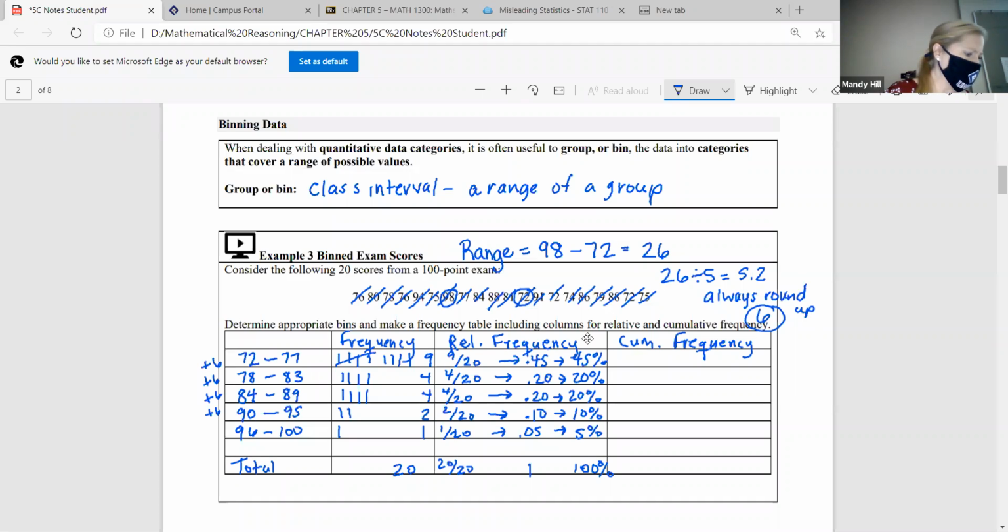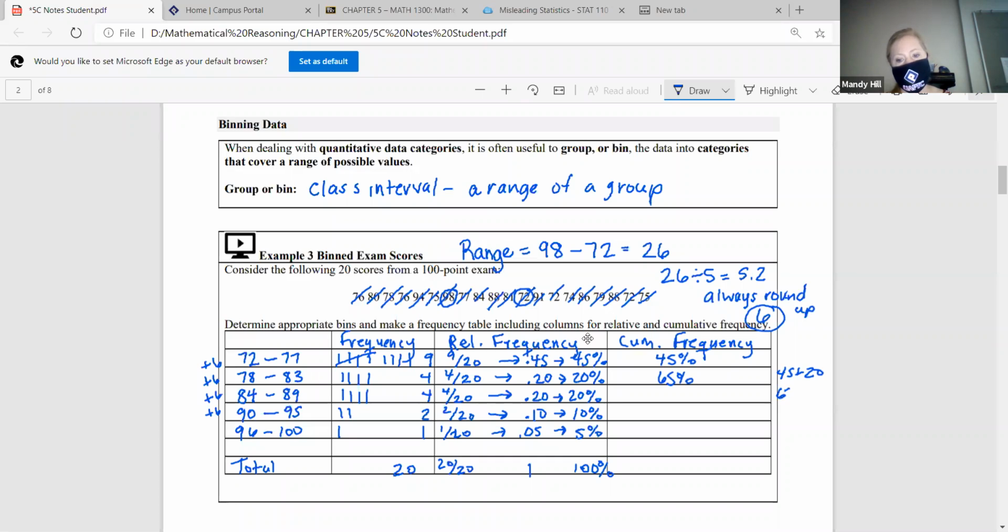What about cumulative frequency? We're accumulating things, right? So the first time we've got 45%. Then we want to add on the next category. So this one would be 45 plus 20, which is going to be 65%.